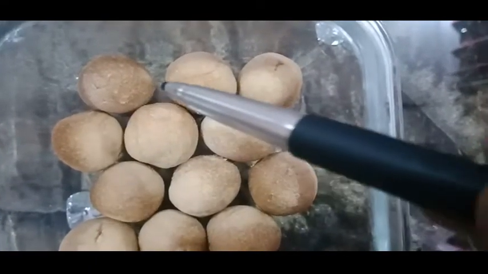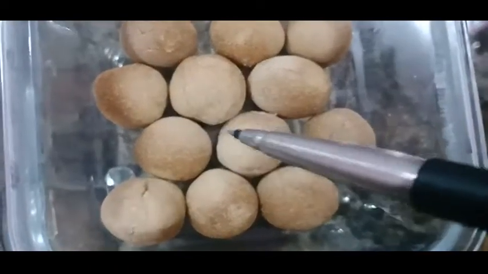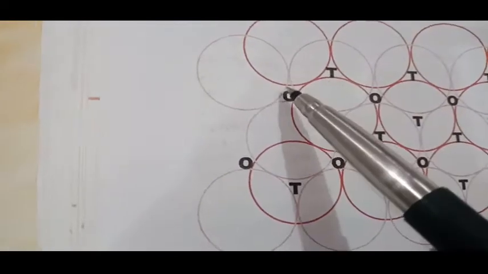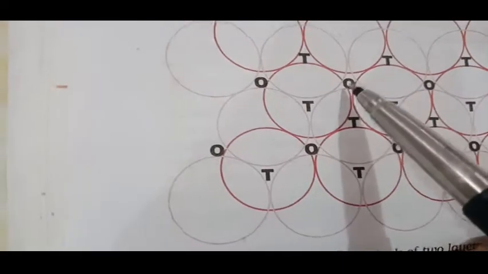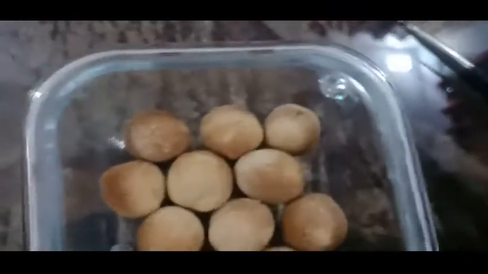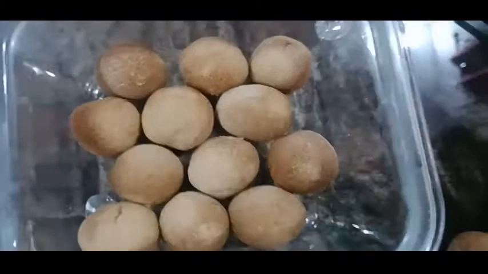In this diagram also you can see apex upward and apex downward. Clear? A triangular shape structure can be drawn here. So when you are placing the second layer, there are two possibilities where you have to place the next layer.